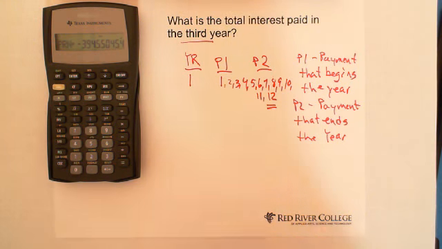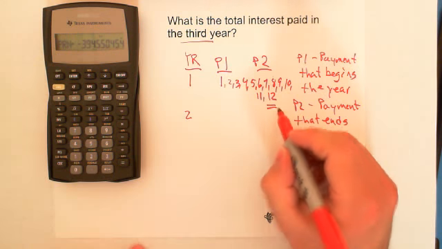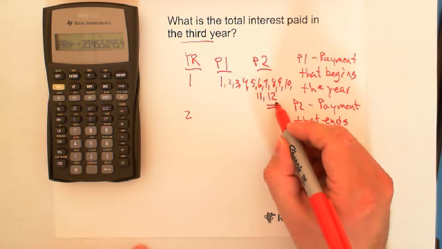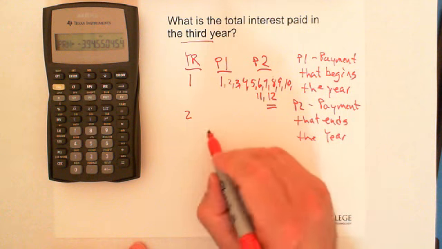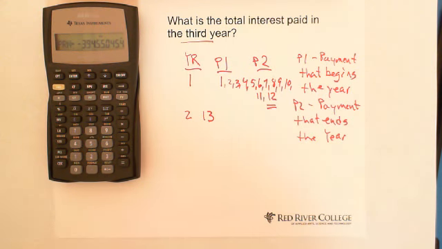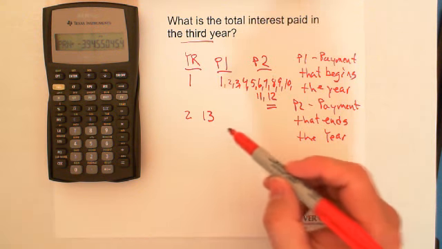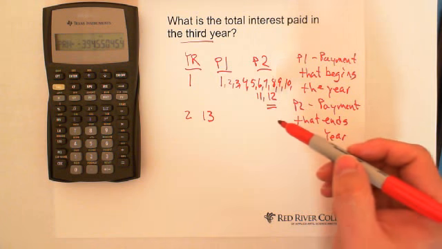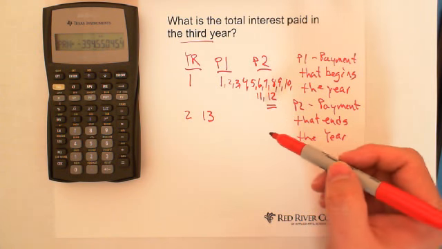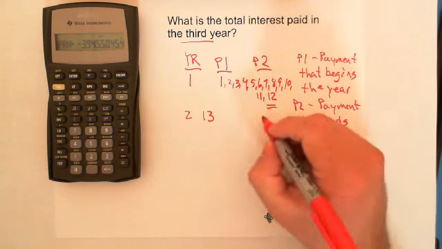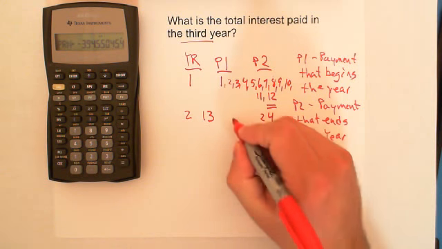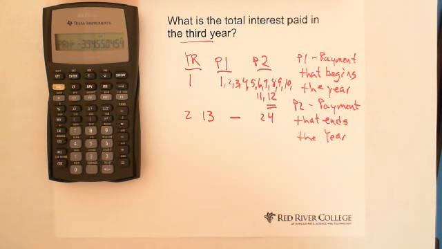They want the third year, so let's go on to year 2. Since payment number 12 ends the first year, payment 13 would start the next year. Then we'd make 14, 15, 16, 17, 18, 19, 20, 21, 22, 23, and finally number 24. So we would make payments 13 to 24.